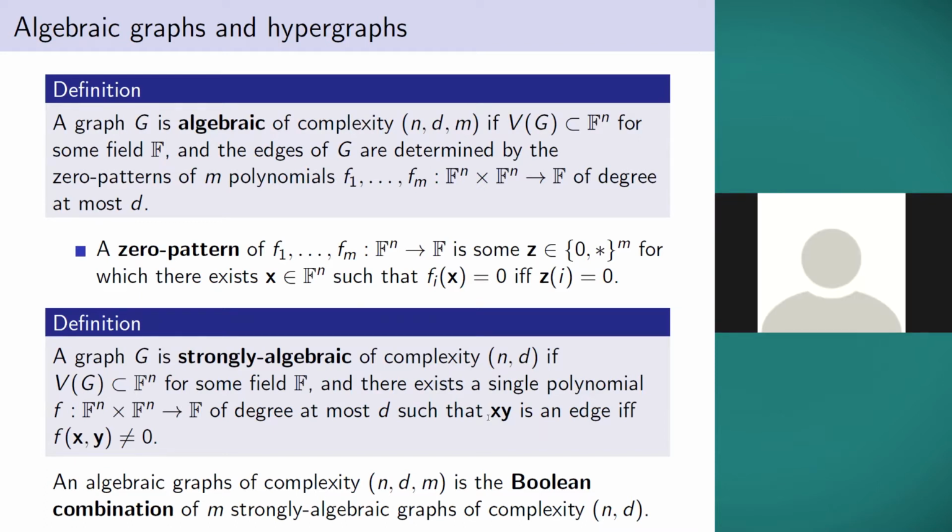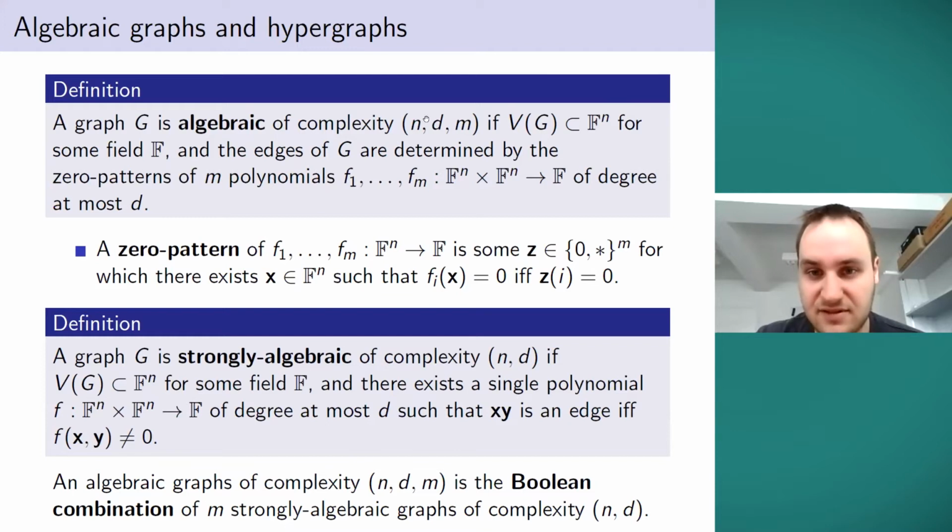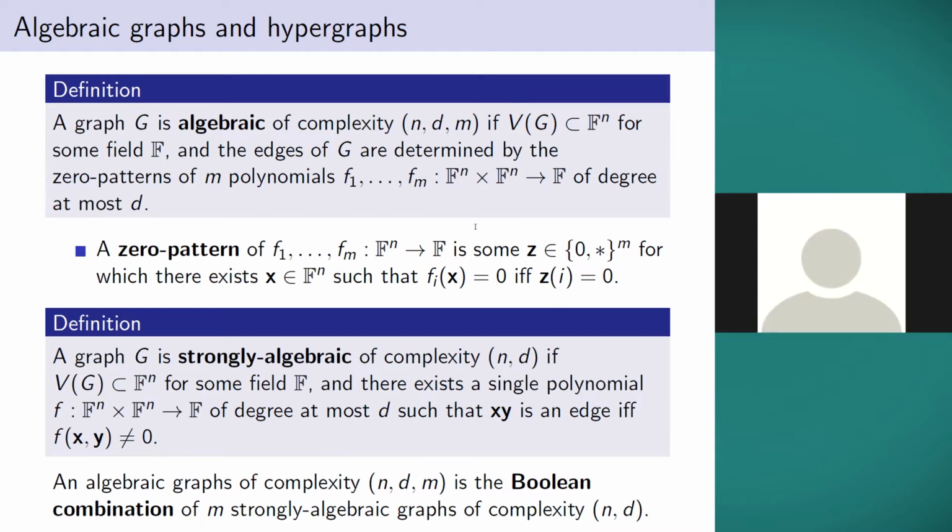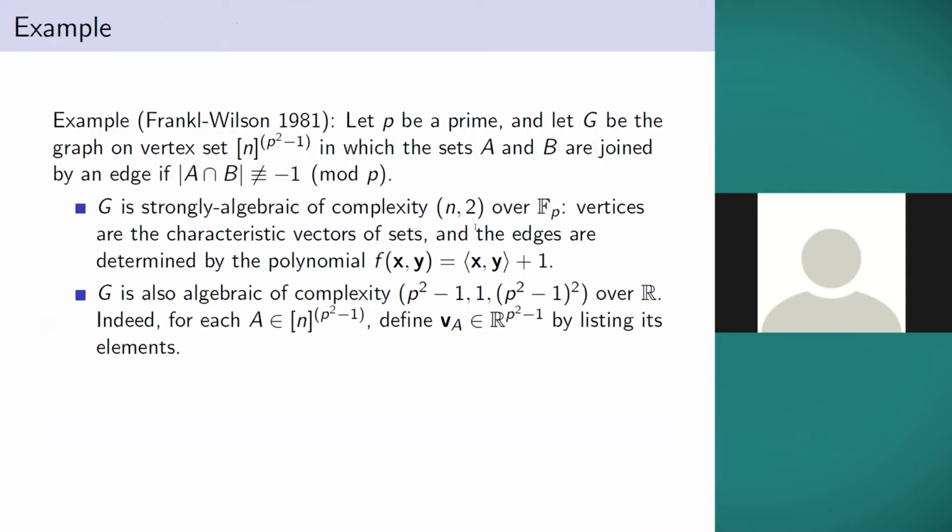Okay, so it's number of variables, degree, and the number of polynomials. This is the order. Yes, so the degree d, q is the size of the field, and m is the number of polynomials. Yeah. And can we go back to this p^d minus 1, p^2 minus 1?